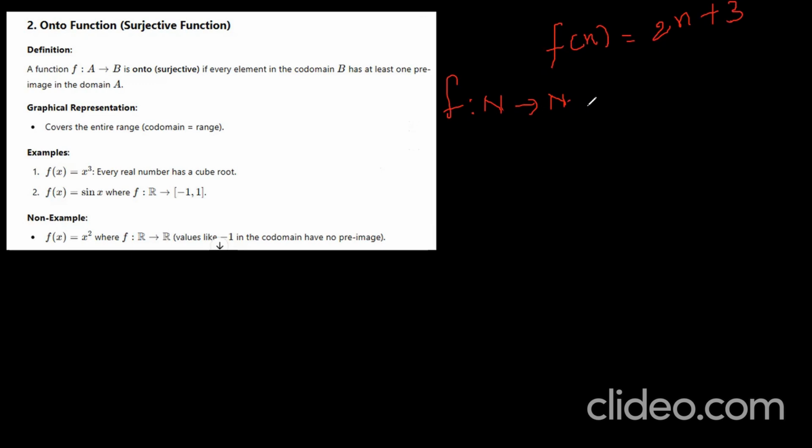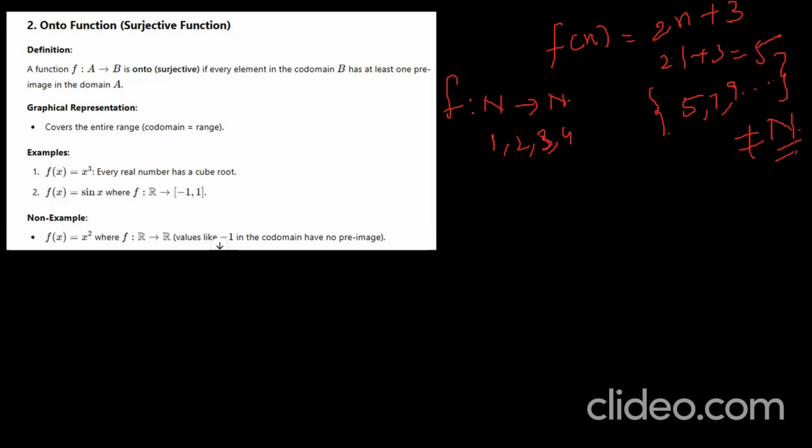N means you can go with 1, 2, 3, those values you can give. So 2 into 1 plus 3, that is 5. 2 into 2 plus 3, that is 7. 5, 7, 9, and so on you will get, which is not equal to N.